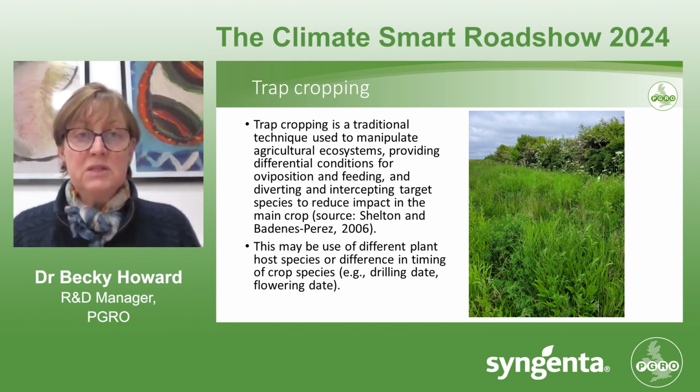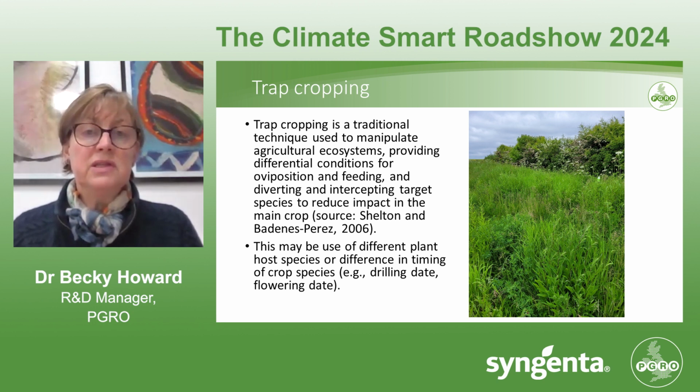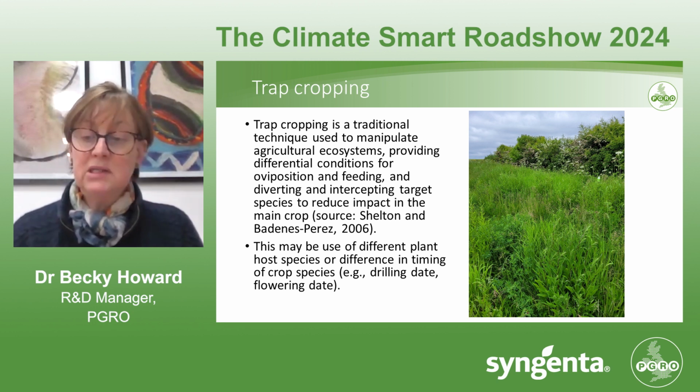So you're looking at different host plant species on one set of farms and different timing of the same crop species on a different set of farms to judge whether either of those approaches will be useful for managing pest species.